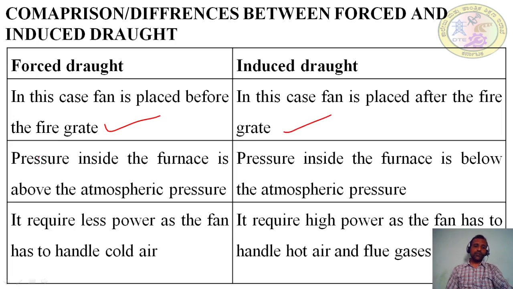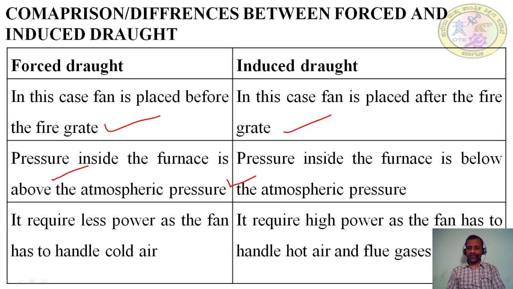The second one is the pressure inside the furnace. In forced drought, the pressure inside the furnace is above the atmospheric pressure. In induced drought, the pressure inside the furnace is below the atmospheric pressure here, right? Why? Because in forced drought the blower is placed before the furnace, so the air is pressurized and you are supplying high pressure air to the furnace, so the pressure inside the furnace is above the atmospheric pressure automatically.